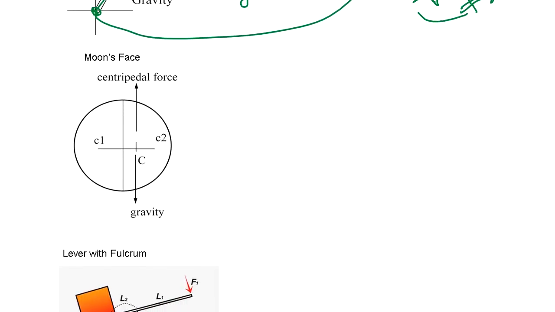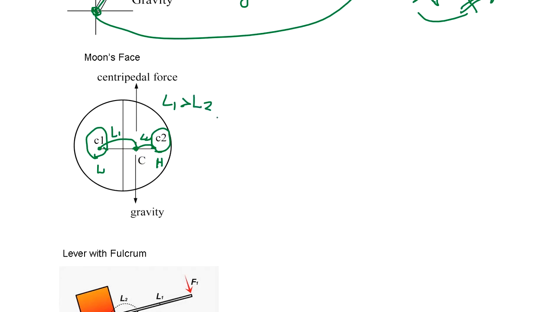Now the moon's face. Why is the moon always facing the same side to Earth? Recent discoveries show the moon has two quite different densities. One side is light, and the other side is heavy. So the heavy side's center of gravity and the light side's center of gravity, the distances are different, L1, L2.